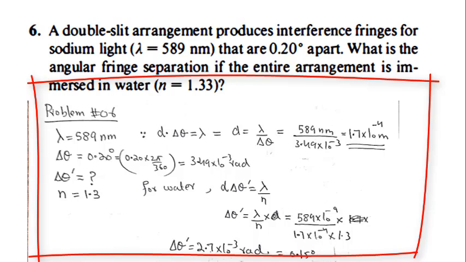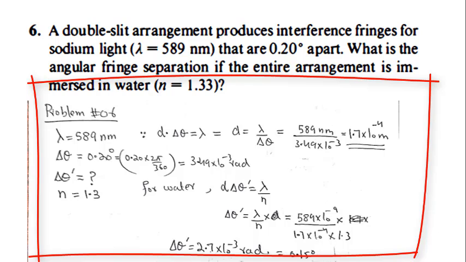And now we are asked to find the new angular separation, that is delta theta prime, and here in water we have refractive index n equal to 1.3. So we already found this expression that d times delta theta is equal to lambda. So d is equal to lambda by delta theta. From this we can find the slit separation d.